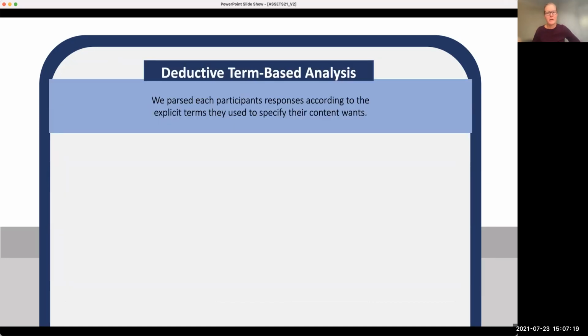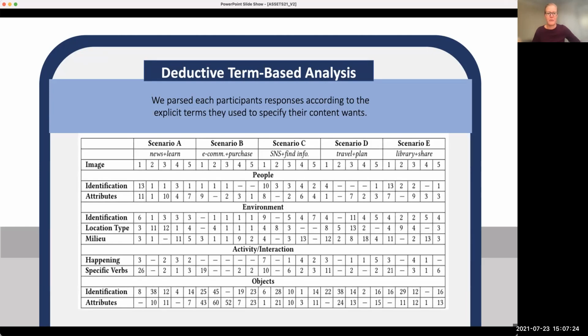For our deductive term-based analysis, we parsed the responses according to the terms. Here's a table that shows an aggregate of all the numbers of when we heard things for different scenarios according to people, environment, activity, interaction, and object categories.